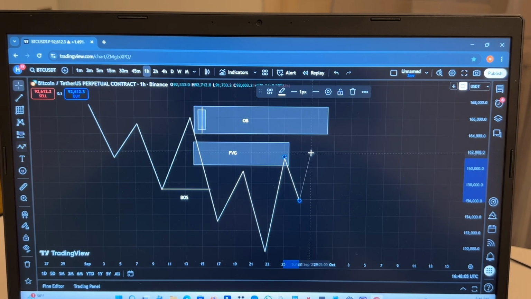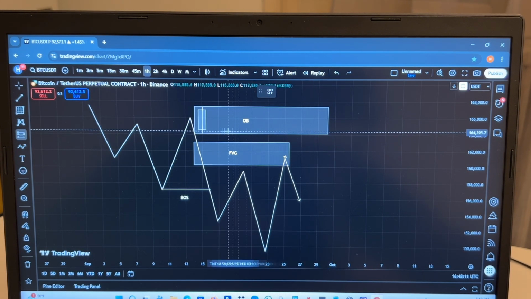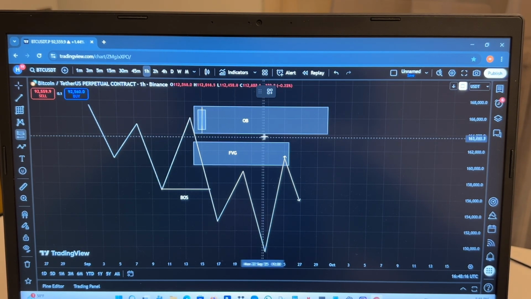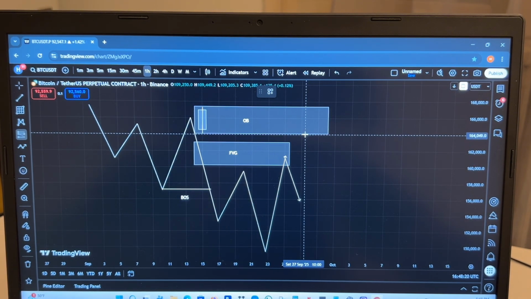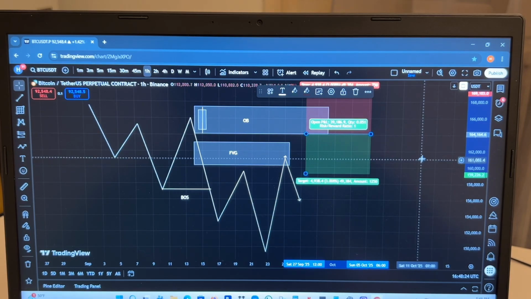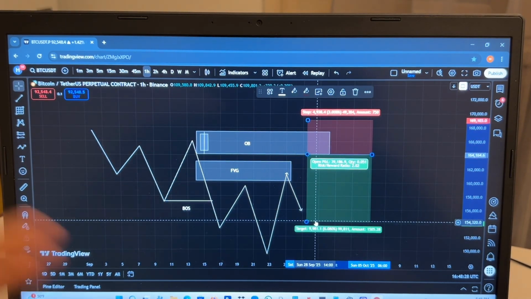So before that move, we are going to go for the short position right over here from the top point. Be extremely precise. Sometimes it might just hit with a small wick and then keep on going down, or up, depending on the trend. So this is going to be our trade. The TP levels I'll be talking about later.